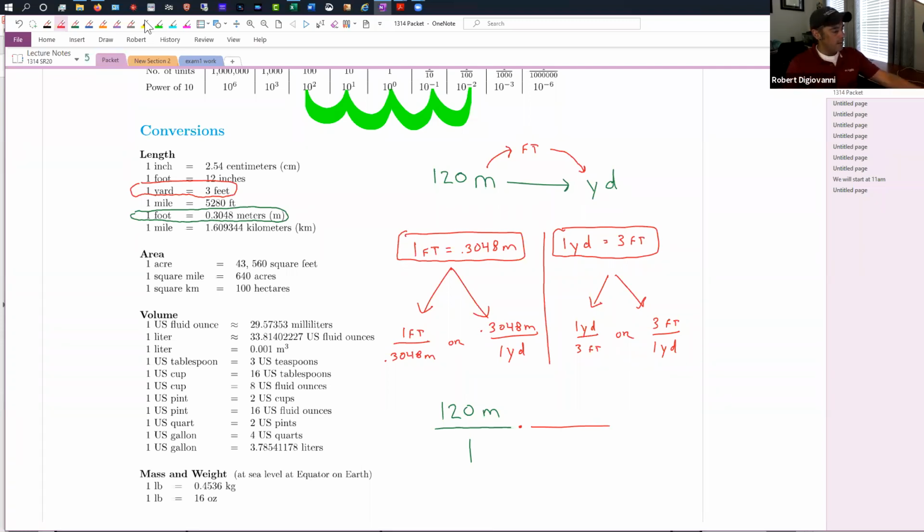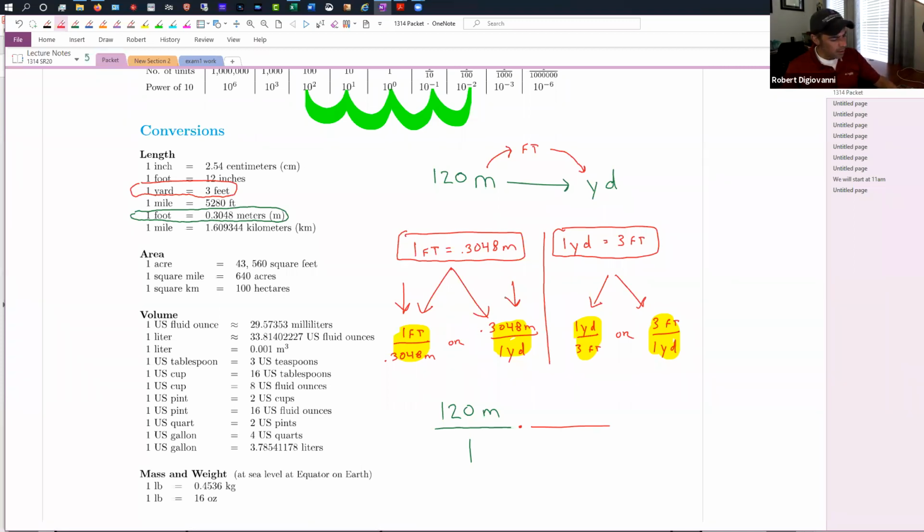I've got essentially 4 different conversion factors I can use here. Which one am I going to use to make the meters go away? Meters to feet, yeah. So which one of those 2 am I going to use? The 1 foot over the 0.3048 meters or the 0.3048 meters over the 1?